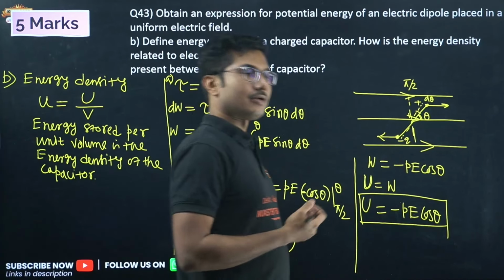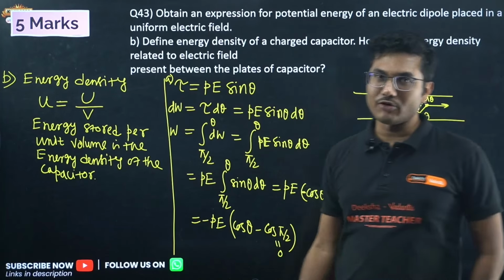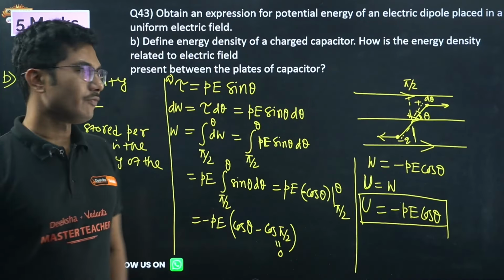So energy density means, like normal density, mass density means mass by volume. Energy density is energy by volume.